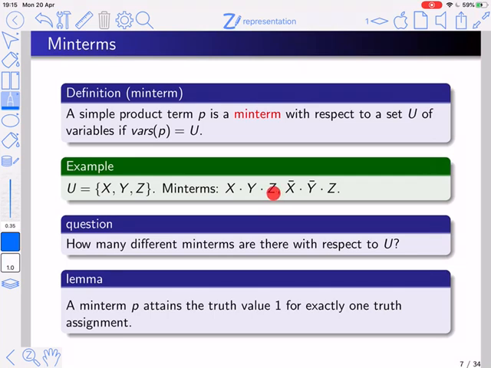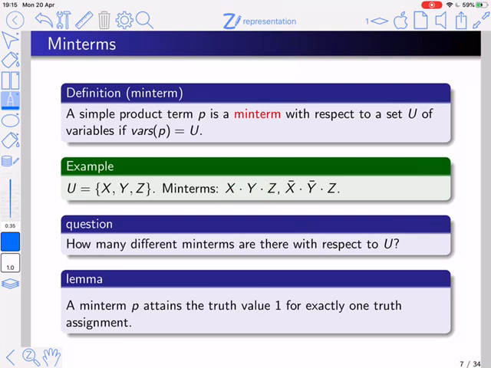How can a truth assignment over the variables in U satisfy this minterm? Well, every term in the product has to get the value 1 so that the total product gets the value 1. So x must be 1, y must be 1, and z must be 1.